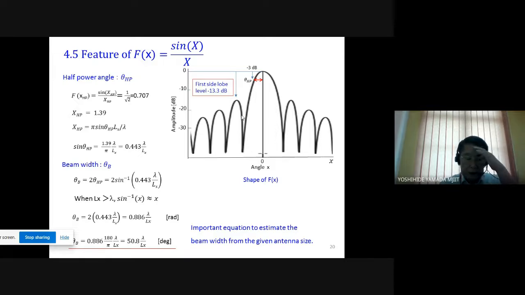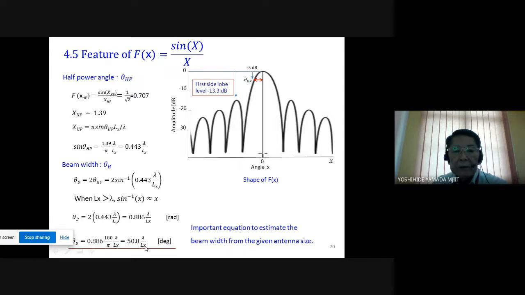So from this, we can understand the radiation characteristics of Fx. And Fy is also similar to this one.